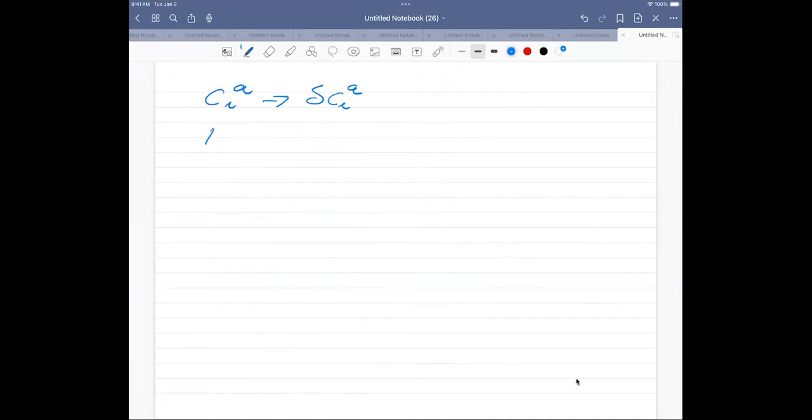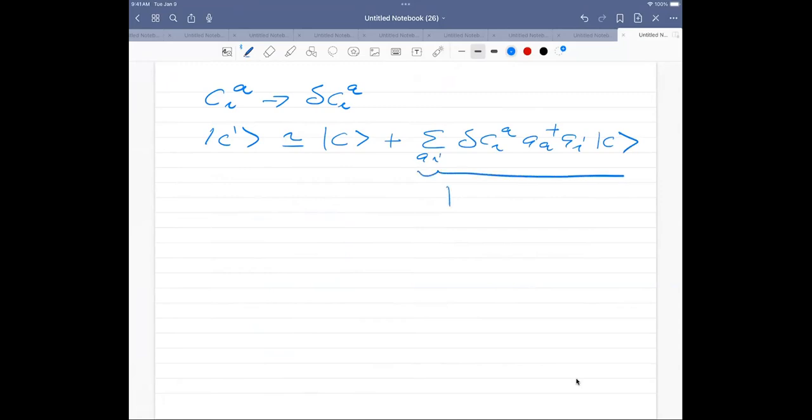And that means that we are going to approximate this Slater determinant now with just C, the original state, plus a sum over a, i of delta C_ia a_a dagger a_i acting on C. And this is going to be my change, which we discussed earlier when we did Hartree-Fock theory.